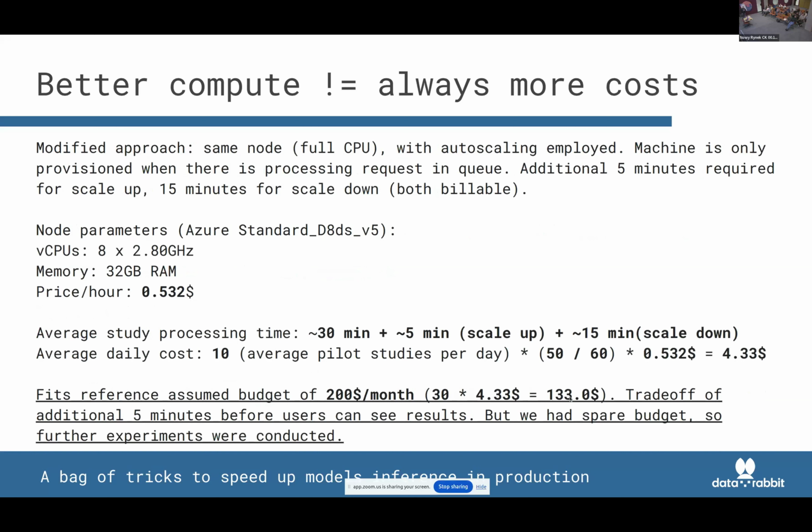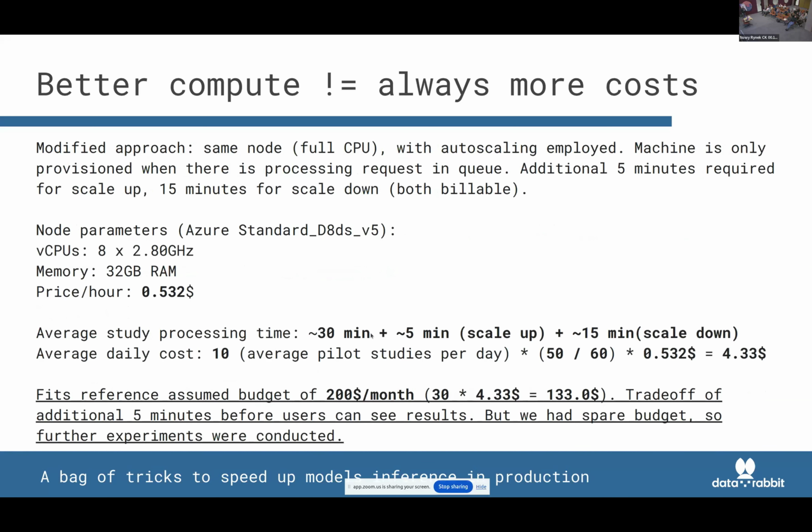But the next version, the modified approach, uses the same node, so full CPU, but with auto-scaling employed. The machine is only provisioned with auto-scaling when a processing request is in the queue. So we need an additional 5 minutes for the node to scale up, and 15 minutes for scale down. And this time is also billable.